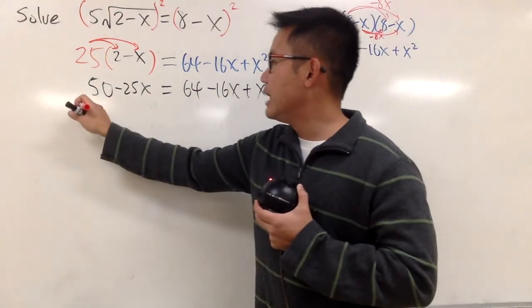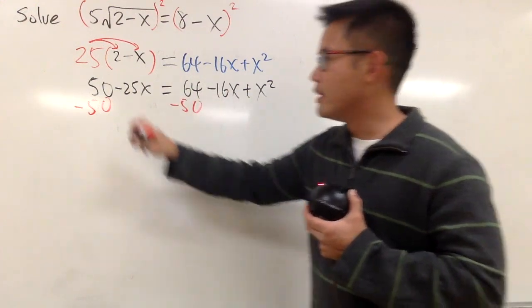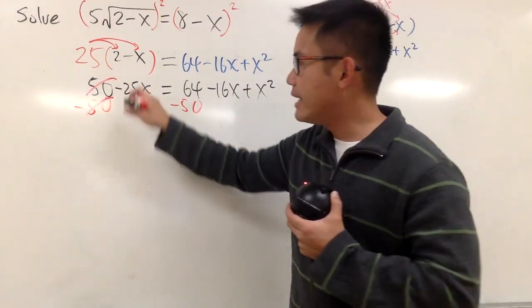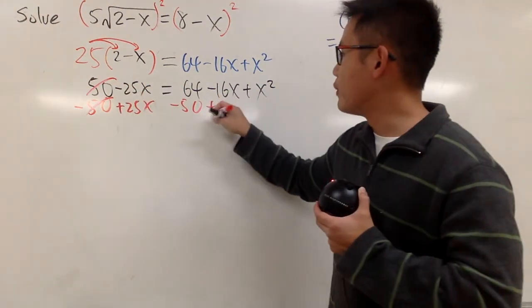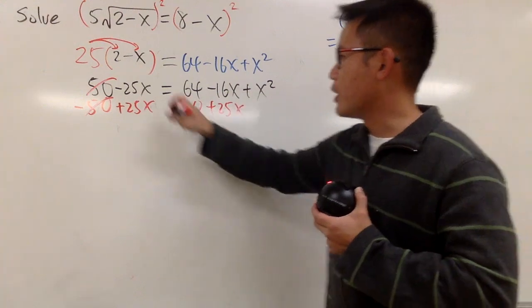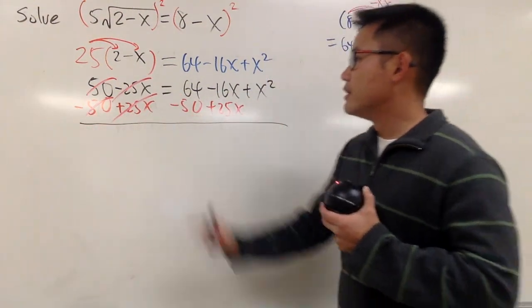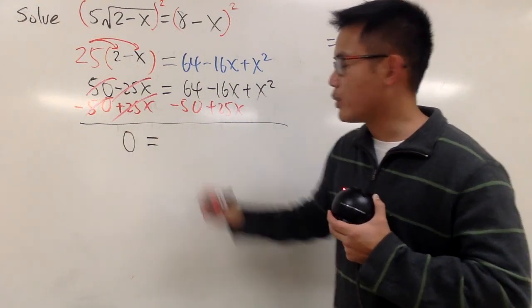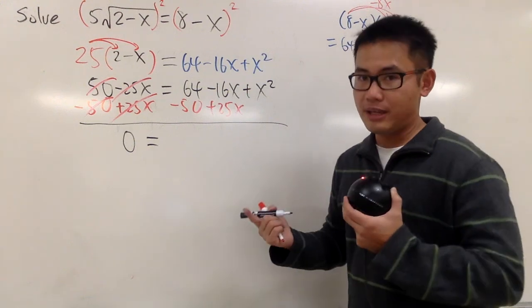With that being said, let me minus 50 on both sides. I line up the numbers. This and that will cancel. And this is minus 25x. I will add 25x on both sides. Line up as well. Cancel this out. And then we will have 0 on the left-hand side, and this is equal to... And now, we usually like to have x squared go first, so we will put that down first.